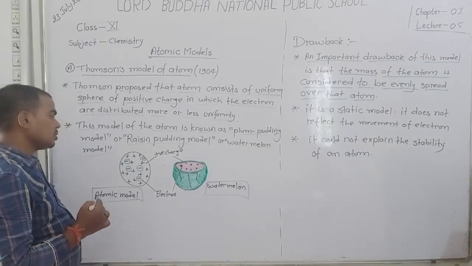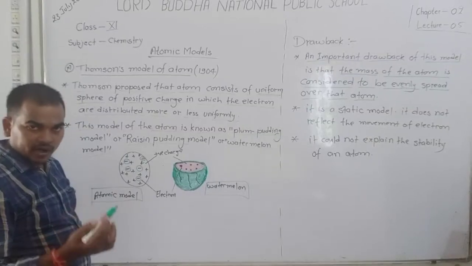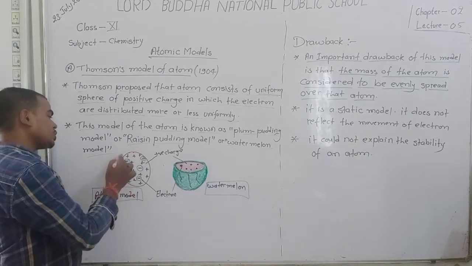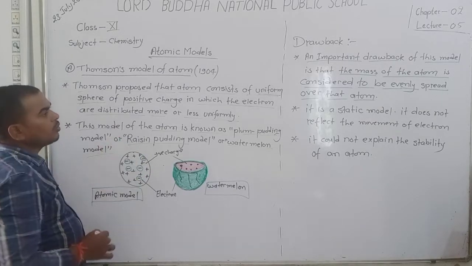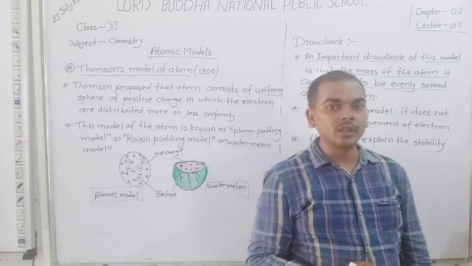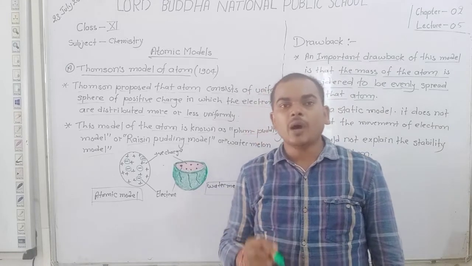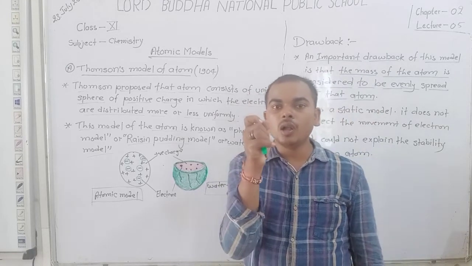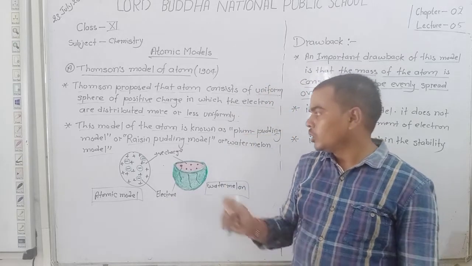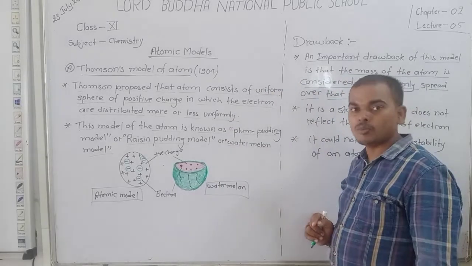It means he says the mass particle, the proton, is distributed over the atom uniformly. But according to modern theory, it is not right. Mass of the atom is concentrated in a small volume, that is called the nucleus. So this is the first and major drawback of Thomson's model.